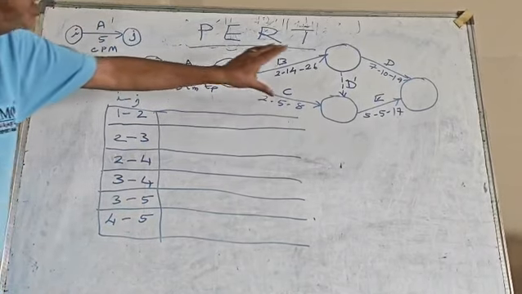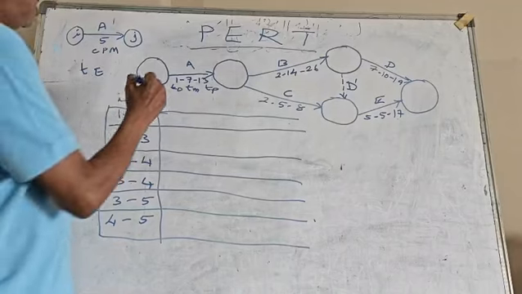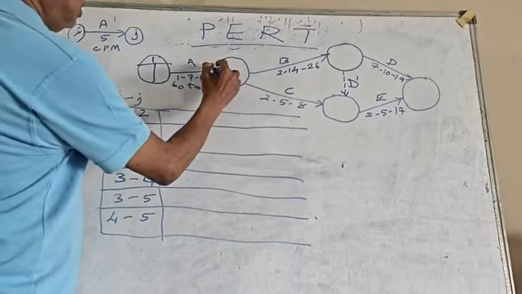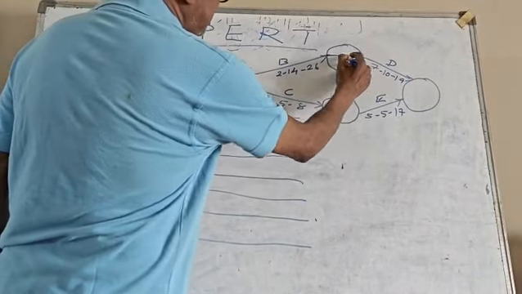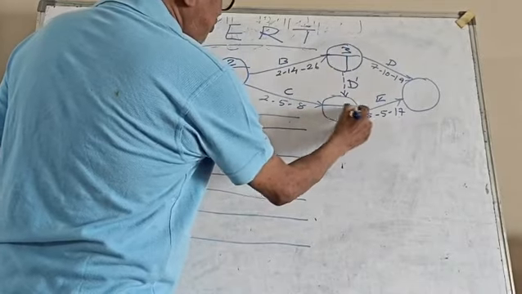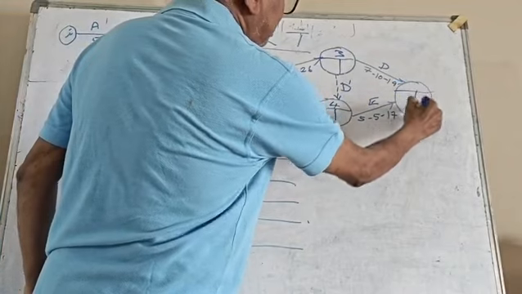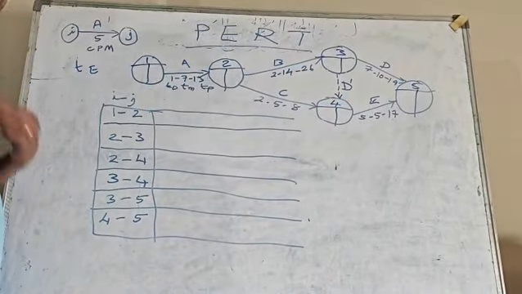Now I have considered here a simple numerical example again. We will start numbering. This is 1, this will be 2, this can be 3, this can be 4, and this can be 5. So these are the events we have numbered as per the Fulkerson rule.